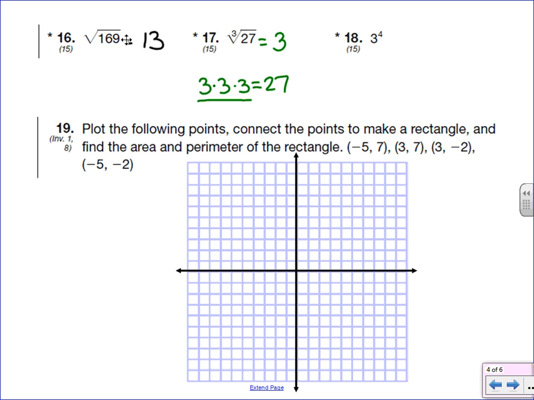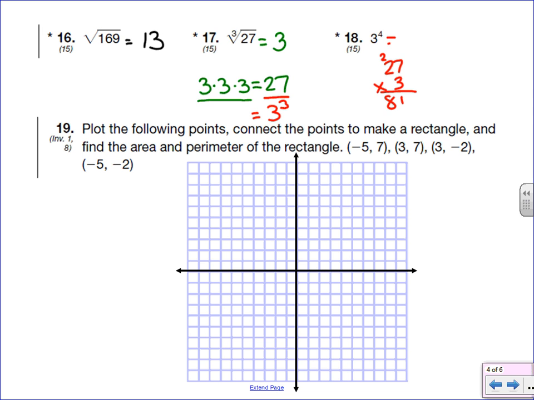And then 18 is 3 to the 4th. Well, we already know that 3 to the 3rd is 27, because it was 3 multiplied by itself 3 times, so I just need to know what 27 times 3 is. 7 times 3 is 21. 3 times 2 is 6, plus 2 is 8.